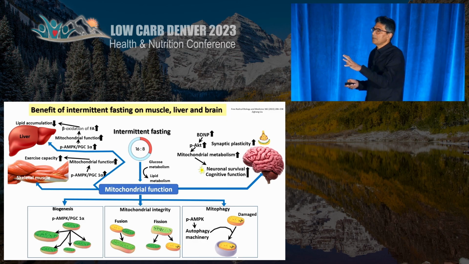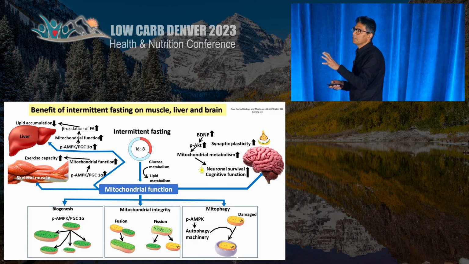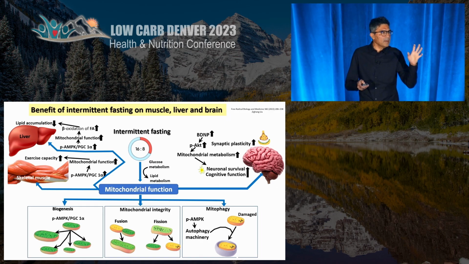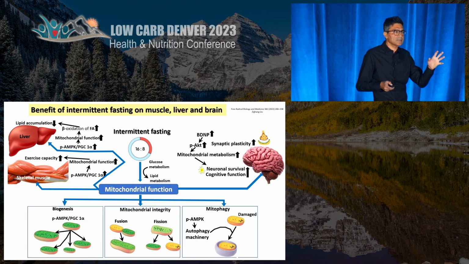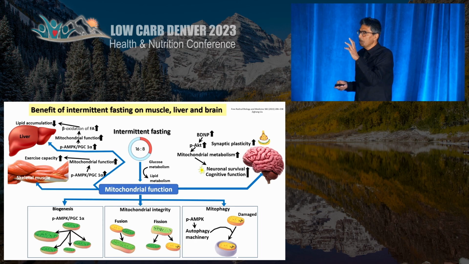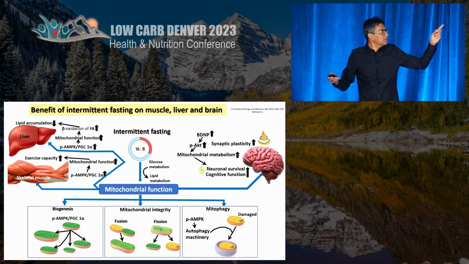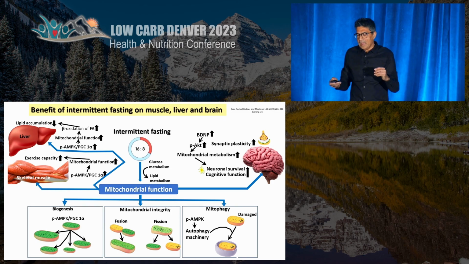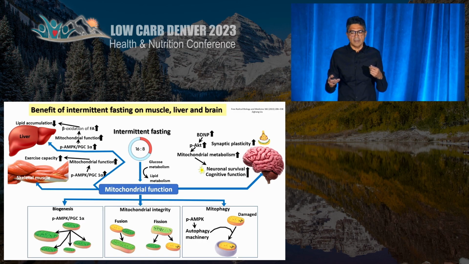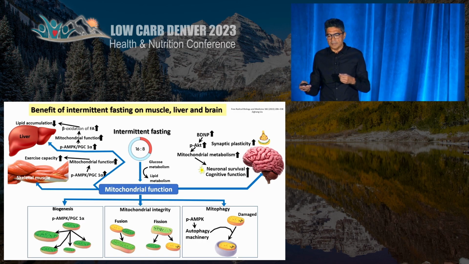And this is manifested as reduction in your liver fat because of better mitochondrial function, improvement in exercise capacity because your muscles have better mitochondria, and with fasting, you elaborate something called BDNF, which is on that side of the slide. And in the brain, this BDNF improves mitochondrial function, improving connections between neurons, synaptic plasticity, and neuronal survival.